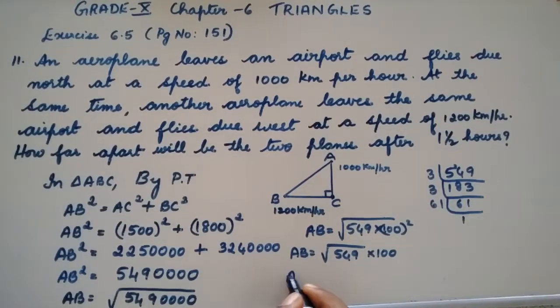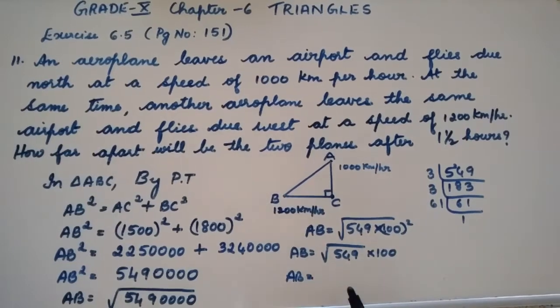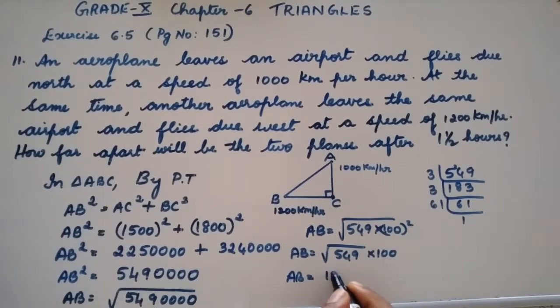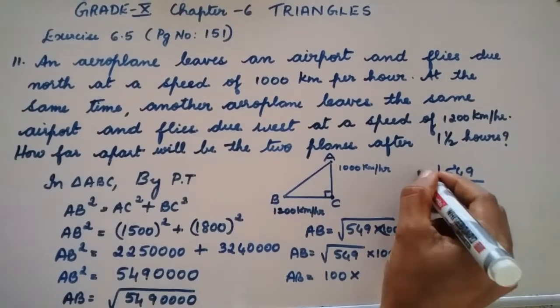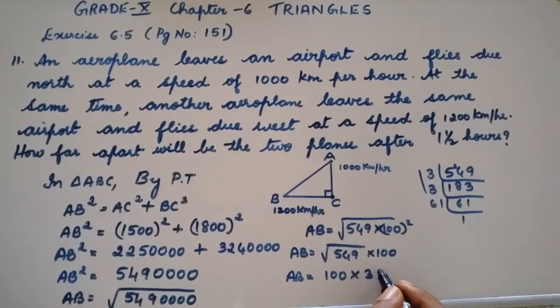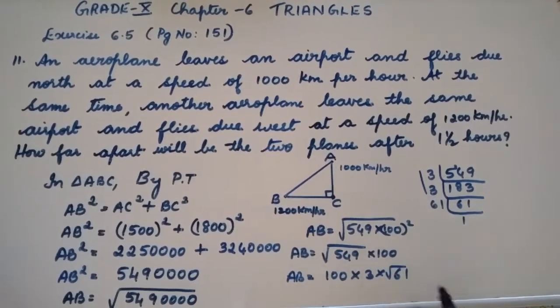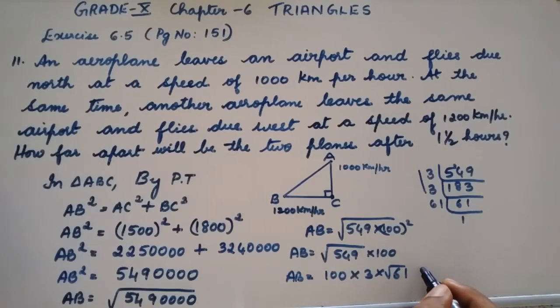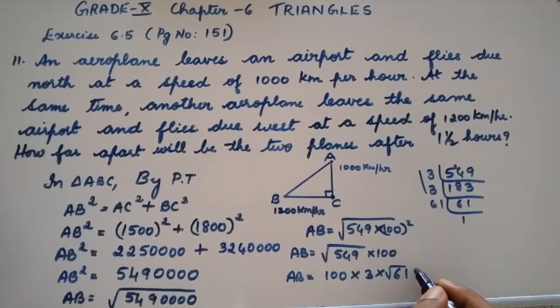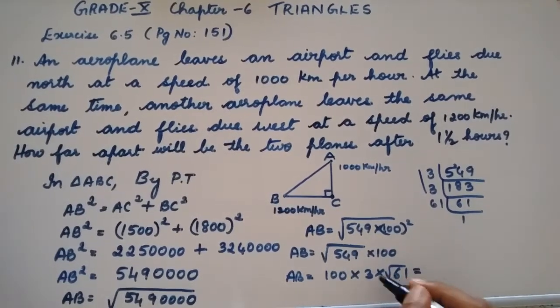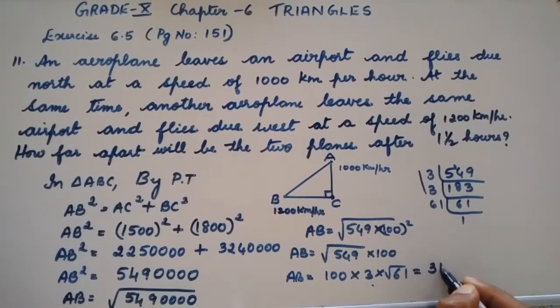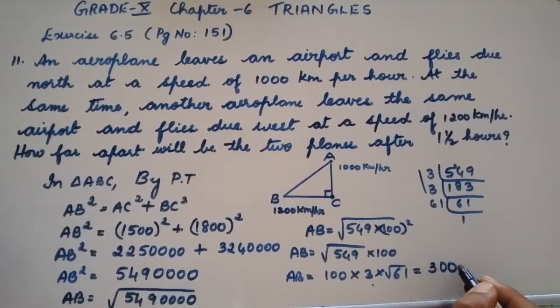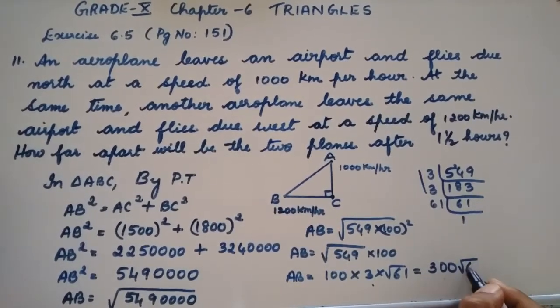So here it will be AB is equal to 100 into, so this is 3 into root 61. So which is equal to, so 100 into 3 is 300 root 61.